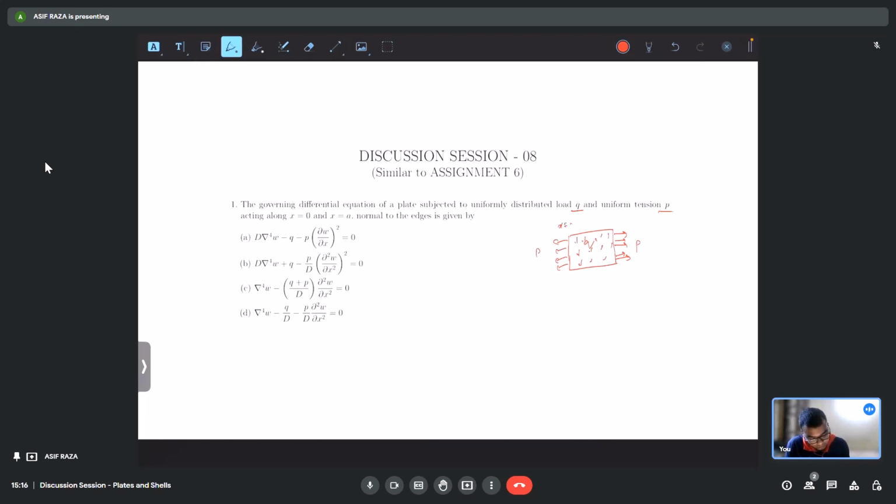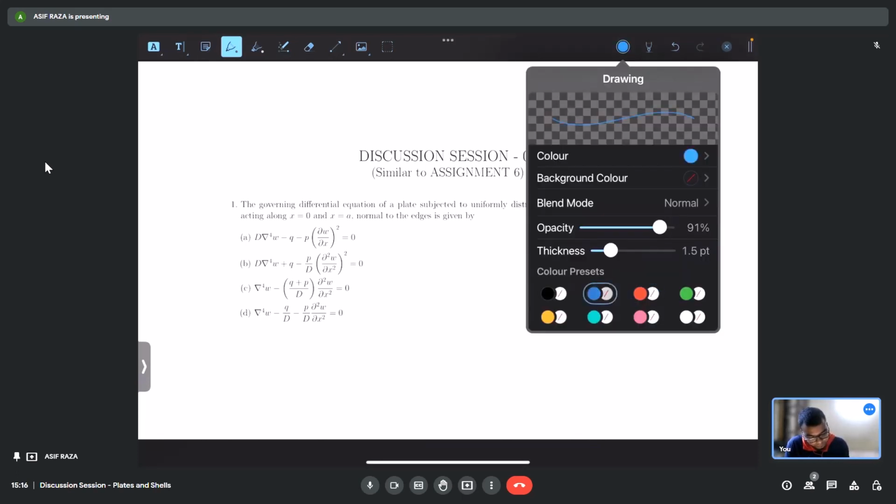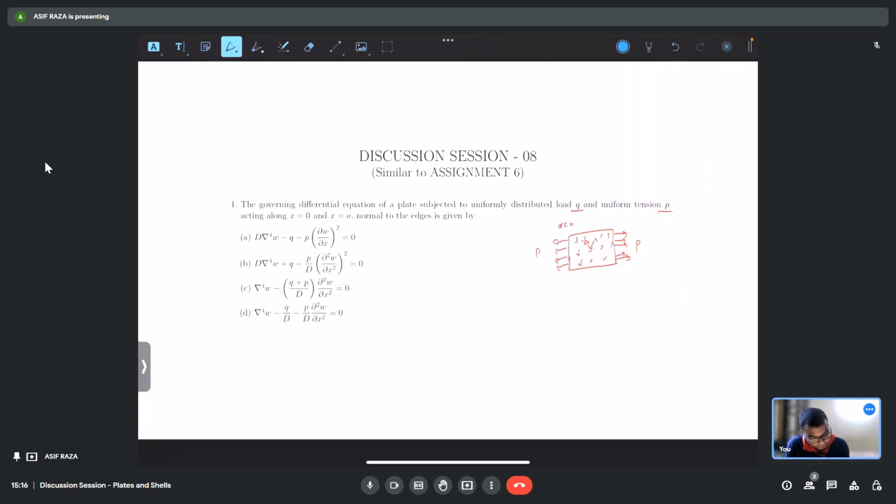Say this is x equal to 0, this is x equal to a. So what would be the governing differential equation?